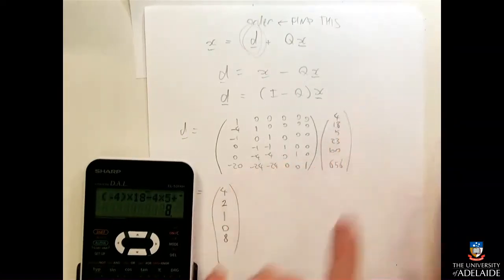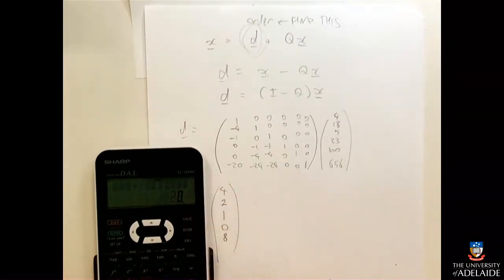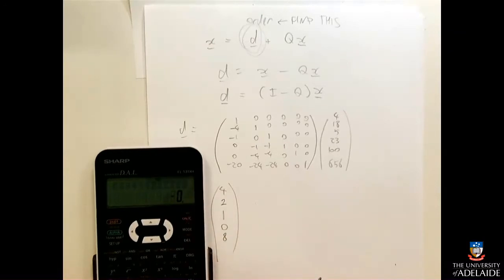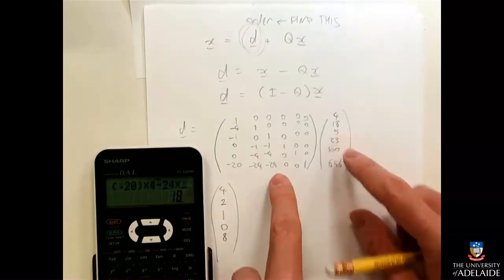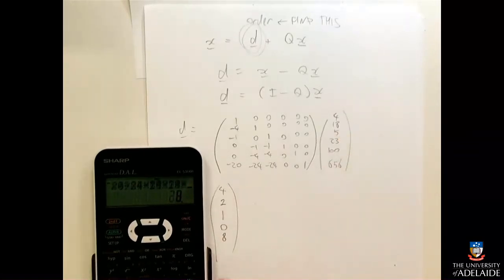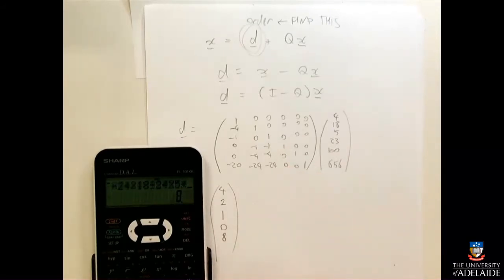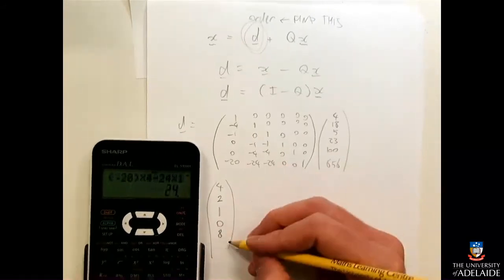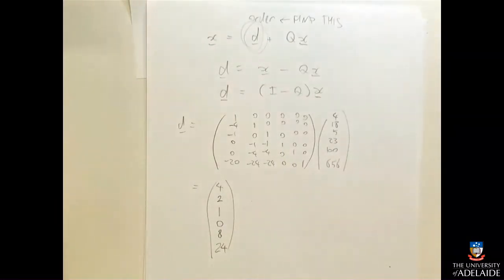And then we have minus 20 times 4, minus 24 times 18, minus 24 times 5, plus 656. That's the external demand. Now let's just check if this makes at all sense.